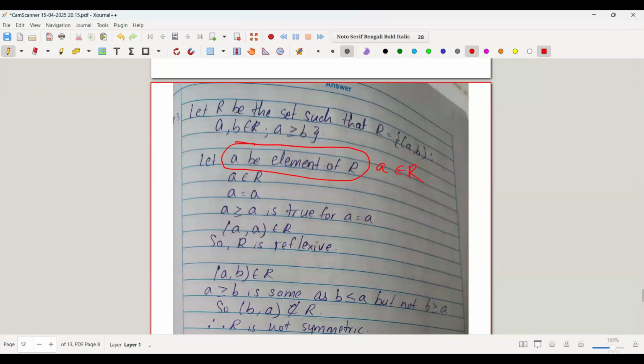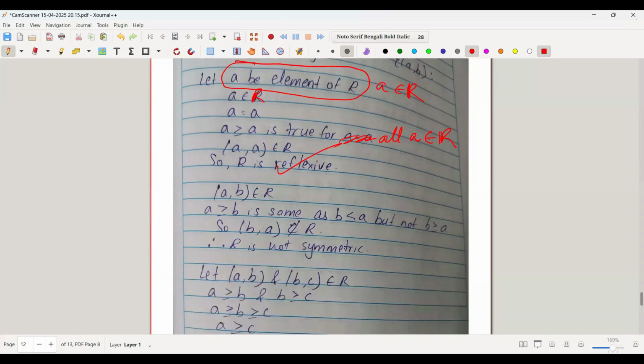A belongs to R, and this is the real number R. So you have to use different notation for the real numbers R. So A belongs to R. A is equal to A. So A is greater than equal to A is true for all A. You should write here all A belongs to R. So (A, A) belongs to relation R. That means R is reflexive.